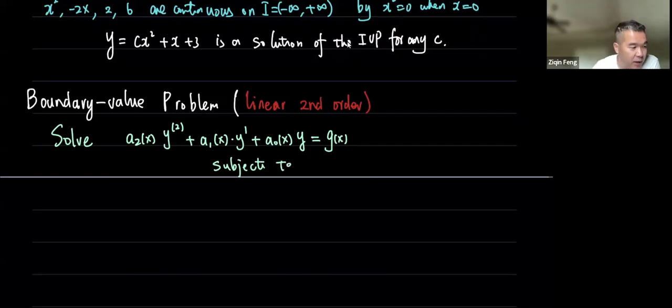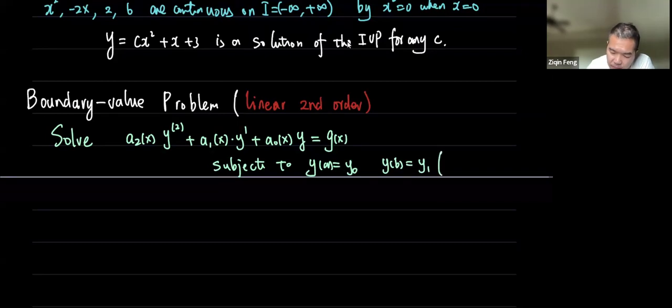The boundary condition is given by y(a) equal to y0 and y(b) equal to y1, with a, b different. So this is called the boundary conditions.